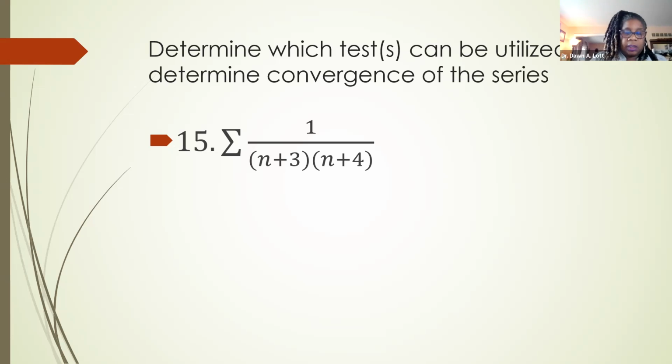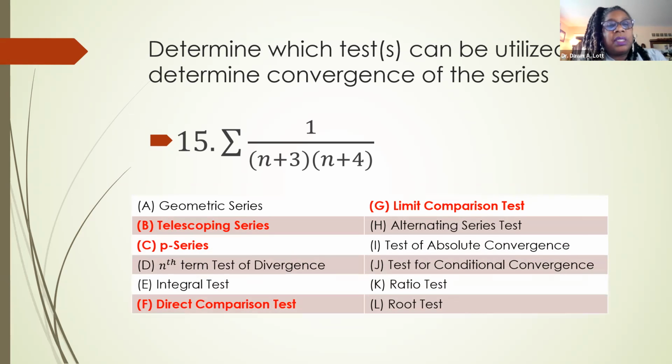Okay, so we can do a limit comparison or a direct comparison to a P series, or we can recognize that if we take it and split it up into partial fractions, it's a telescoping series.